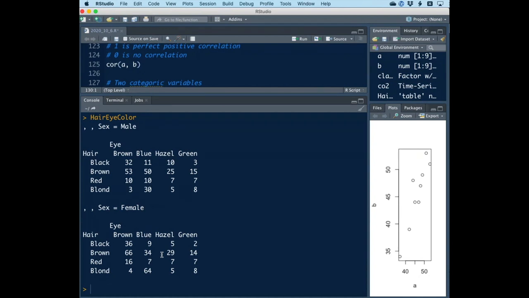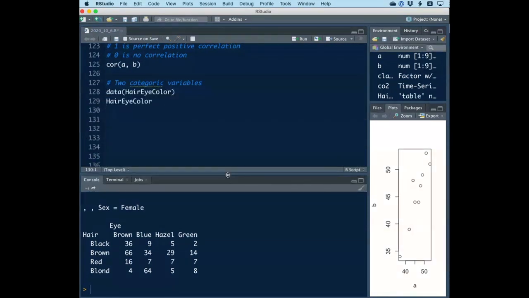One index for the rows, one index for the columns, and a third index for the table, male and female. So let's work with female.